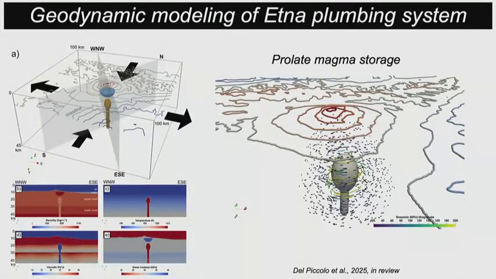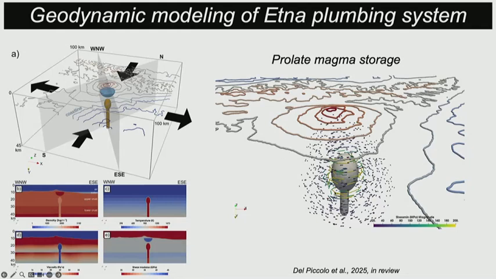Now, how to explain this cylindrical pattern of the tensile axis? We can use geodynamic modeling, where we can test the effect of topography, tectonic stress, lateral density heterogeneities, and the presence of pressurized magma storages like these.